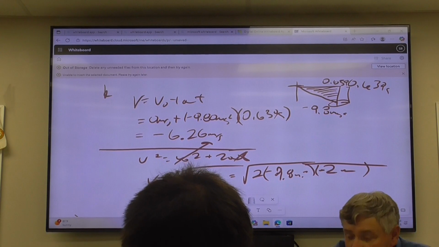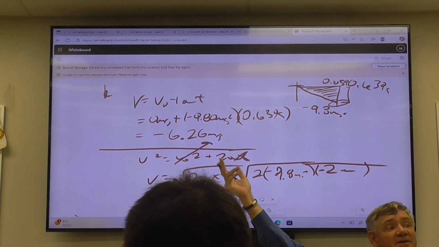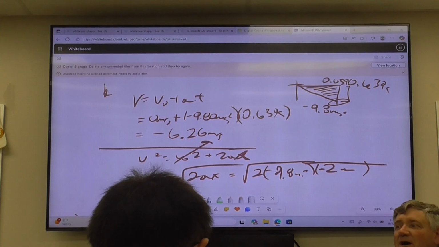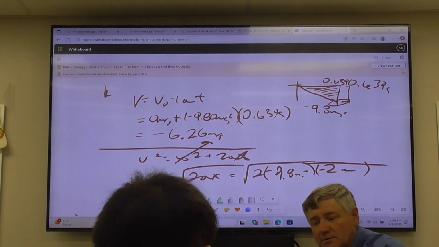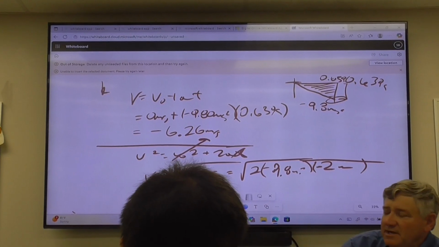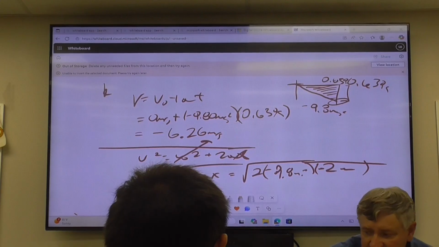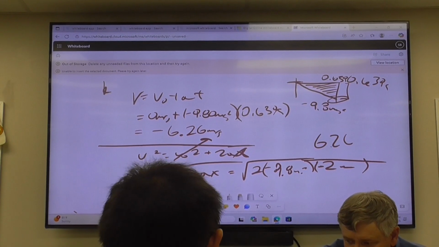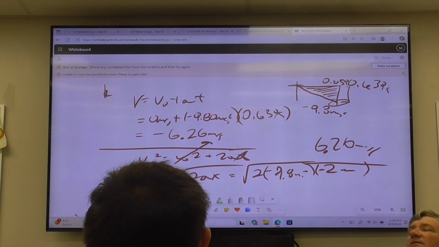I make it negative 2 meters, now what happens? Miracle of miracles, we have positive underneath the radical. But your calculator lies to you. What does your calculator say the answer is? Calculator is going to give you an answer of 6.26 meters per second. Calculator lied to you. Why?